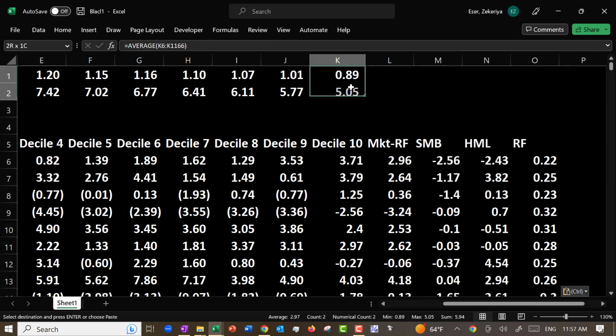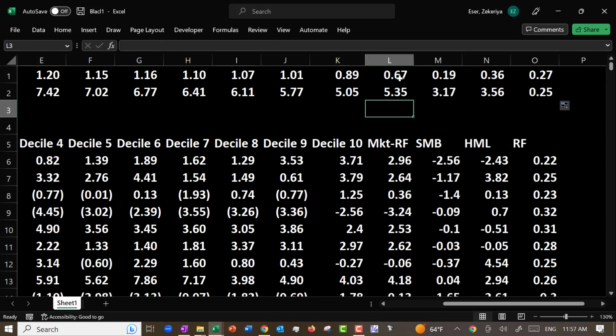This basically says that on average, over the last 97 years, the market portfolio did about 0.67% more compared to the risk-free rate.